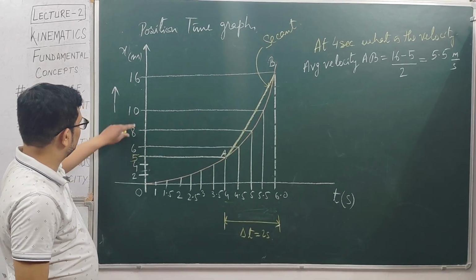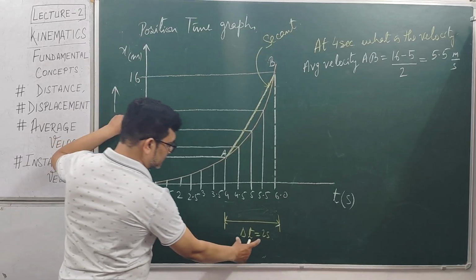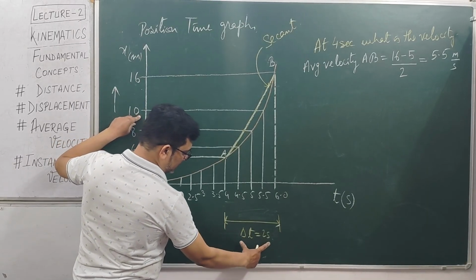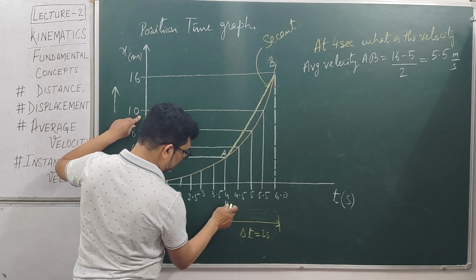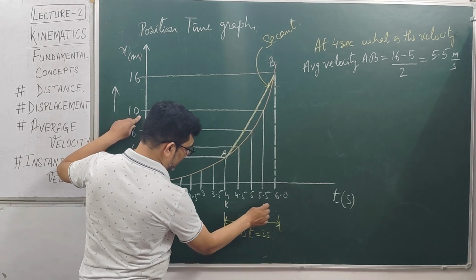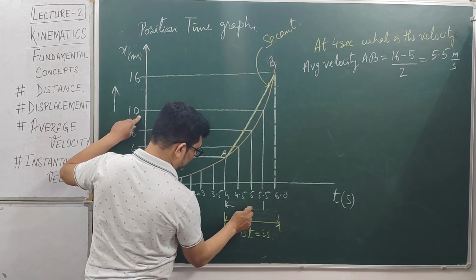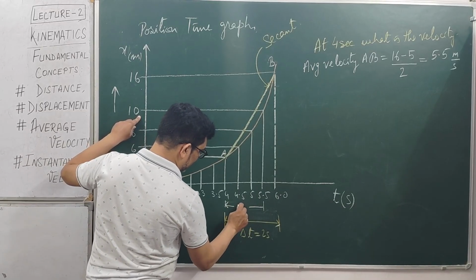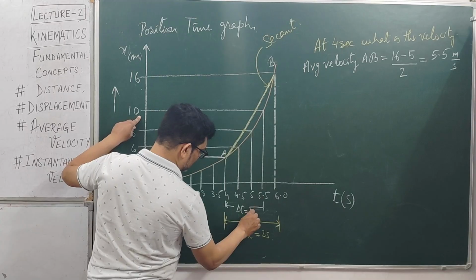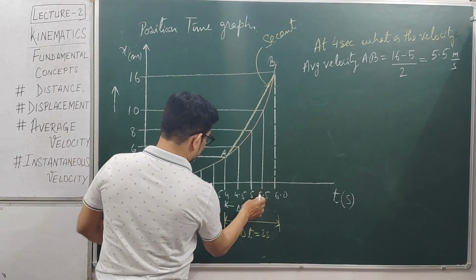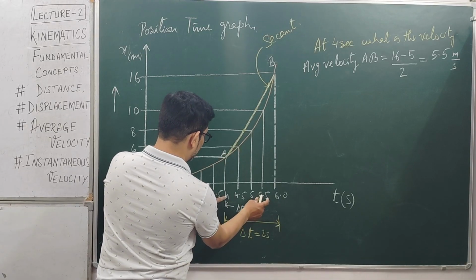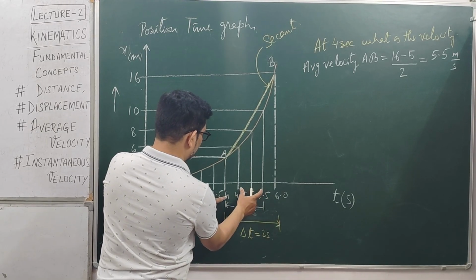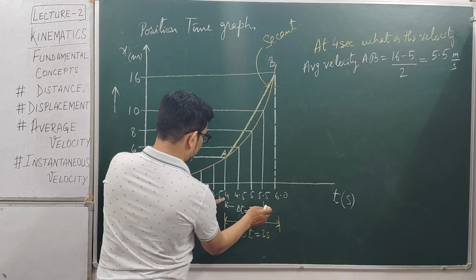Well, now suppose you shrink this time interval. It was 2 seconds. Now if you want to shrink the time interval, suppose we take from 4 and we take 5.5. Suppose we take this. So here we'll have delta t as 1 second. If this is so, what's going to be the average velocity? So 5.5 minus 4 is 1.5, right?